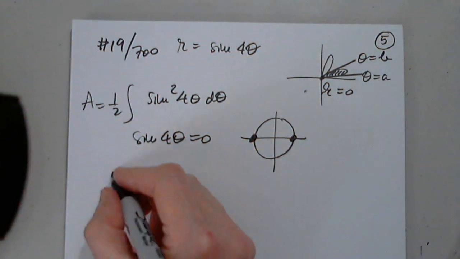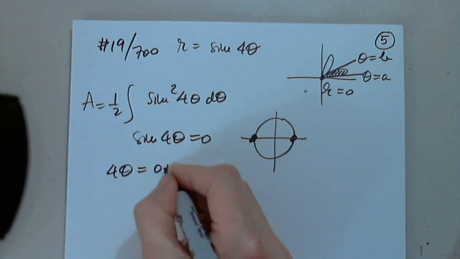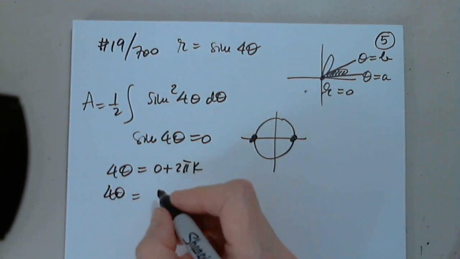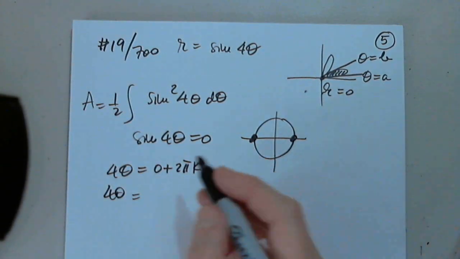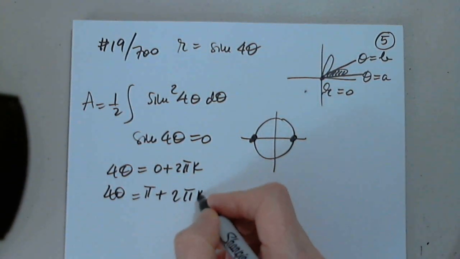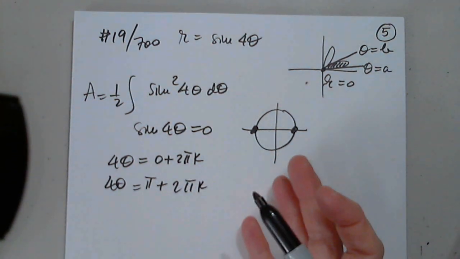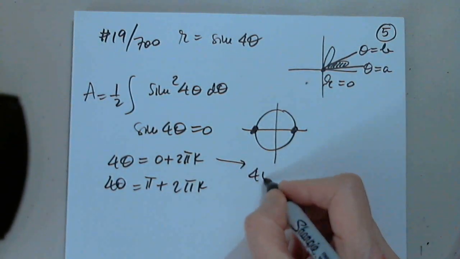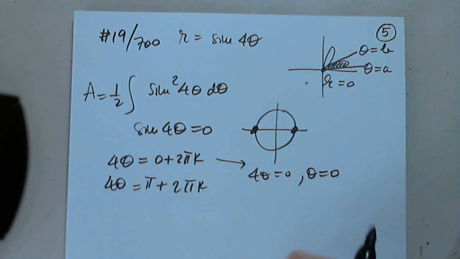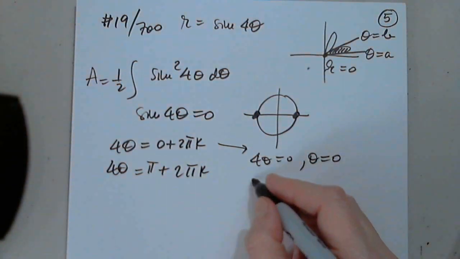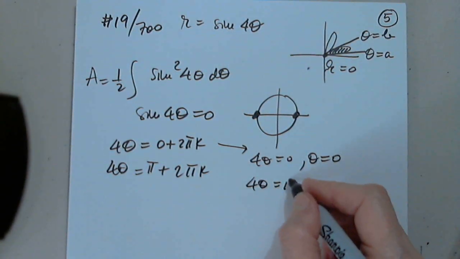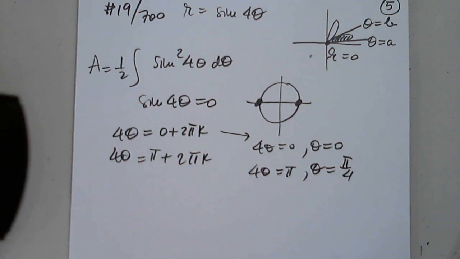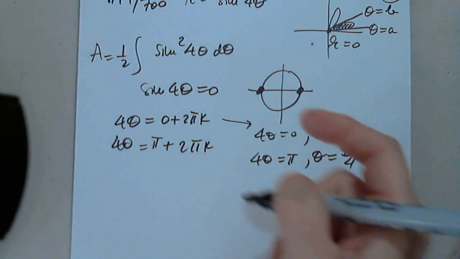So then 4 theta will be 0 plus 2 pi k, or 4 theta equals pi plus 2 pi k. So this is a general solution. So from the first possibility, 4 theta equals 0, then theta equals 0. And for 4 theta equals pi, we get theta equals pi over 4. So then we have from 0 to pi over 4.